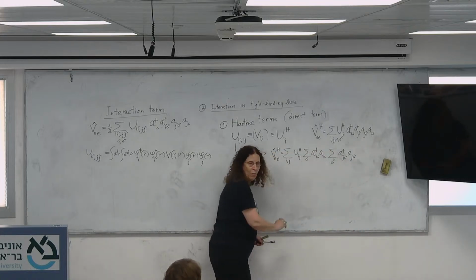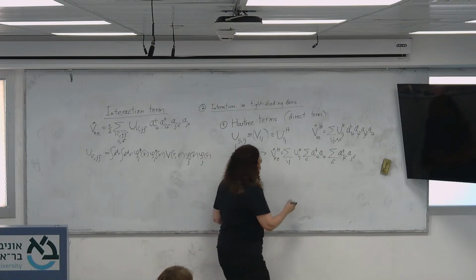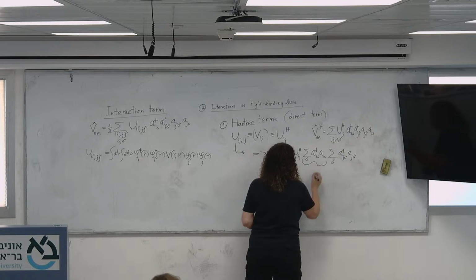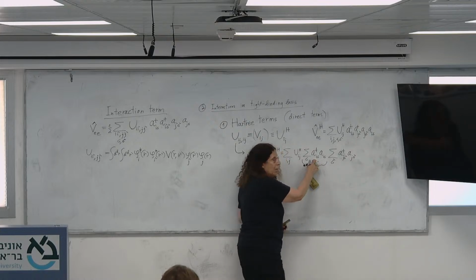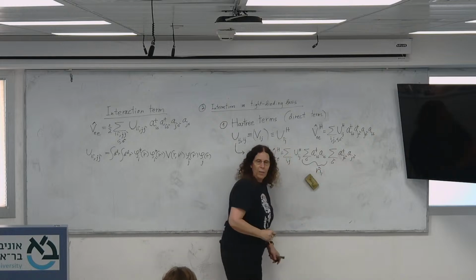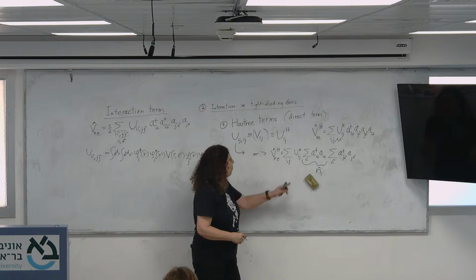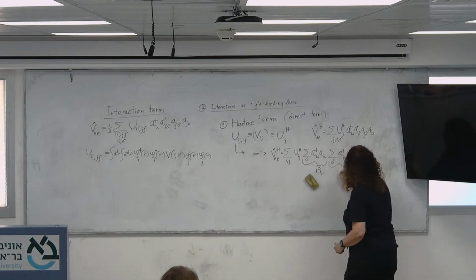Why is it convenient for me to write it like this? So this is nothing but, sorry, it's not total n because it's only for a single i. So it's ni, so operator ni. Okay, I sum only on the sigma, and this is nj.